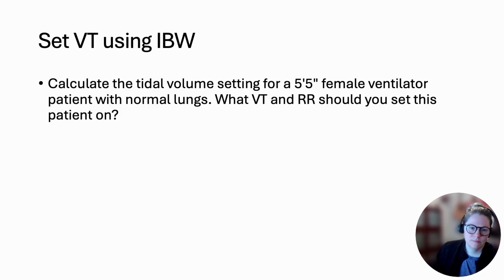What tidal volume and respiratory rate should you set this patient on? Okay. So we'll want to check our settings by checking minute ventilation, but we're going to start with ideal body weight.